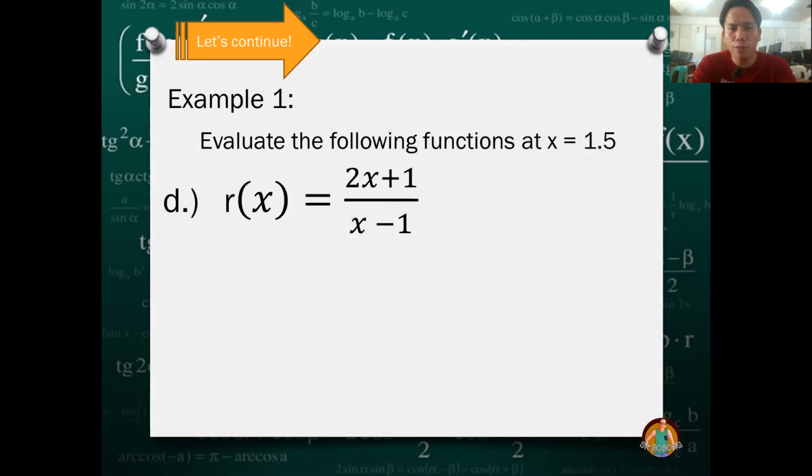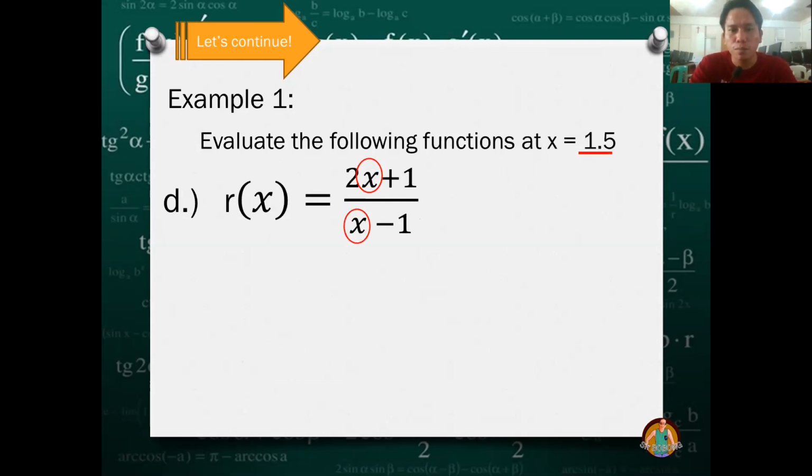Next, r of x is equal to 2x plus 1 divided by x minus 1. So meron tayong variable na x sa numerator at sa denominator. So yung x natin na dalawa sa numerator at sa denominator, papalitan natin yan ng 1.5 lahat.